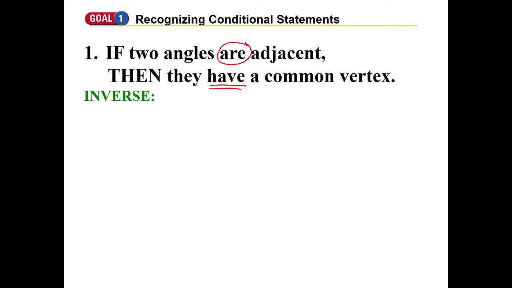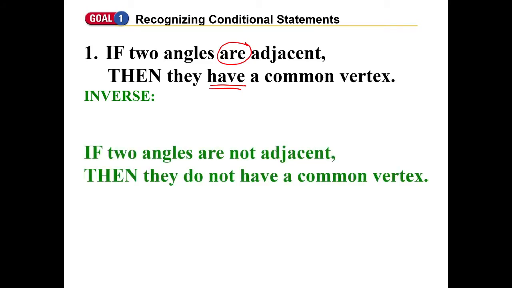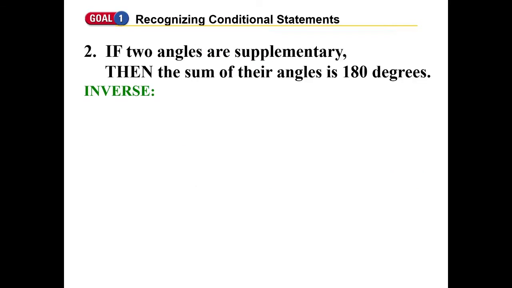So if two angles are not adjacent, then they do not have a common vertex. Is example number 2 clear? Yes, sir. Okay, let's have more examples.